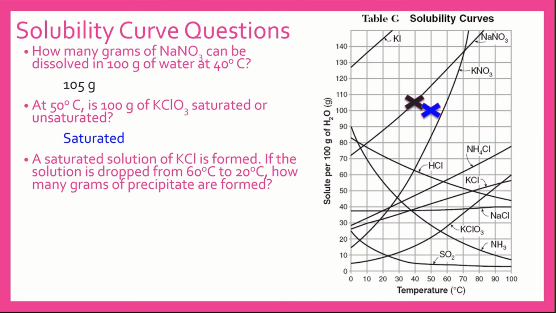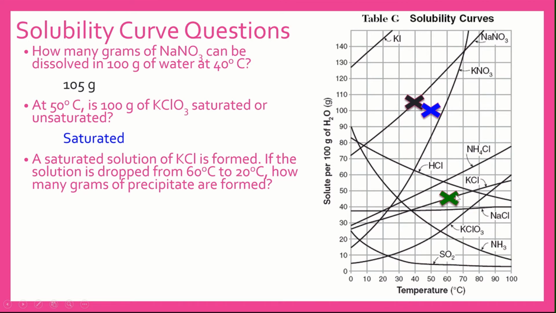A saturated solution of KCl is formed at 60 degrees. If the solution is dropped from 60 degrees to 20 degrees, how many grams of precipitate will come out? At 60 degrees, we saturate potassium chloride. Here's my line for potassium chloride. At 60 degrees, I'm right in this neighborhood, so about 45 or so grams can dissolve.